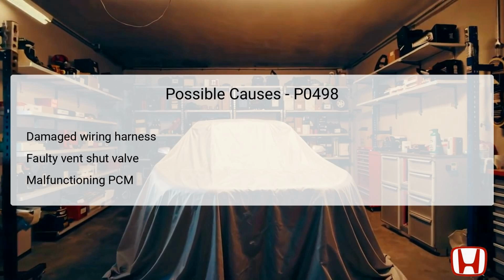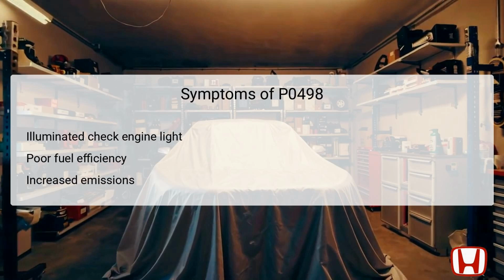When the P0498 code appears, several symptoms may manifest. The most immediate is an illuminated check engine light, which alerts the driver to potential issues within the vehicle's systems. Additionally, the vehicle may experience poor fuel efficiency, as the malfunctioning EVAP system can lead to incorrect fuel vapor management, potentially causing the engine to work harder.